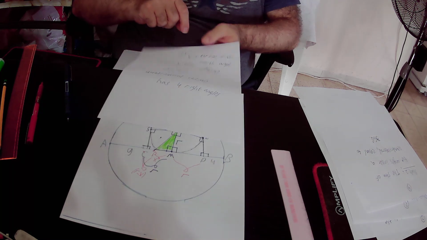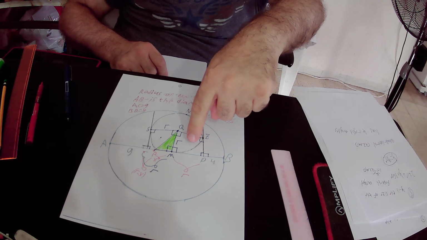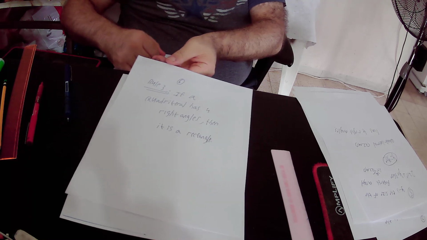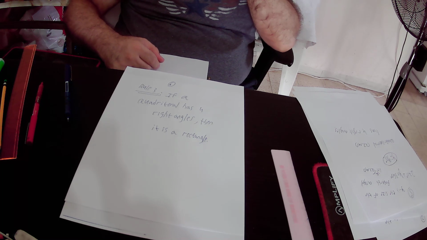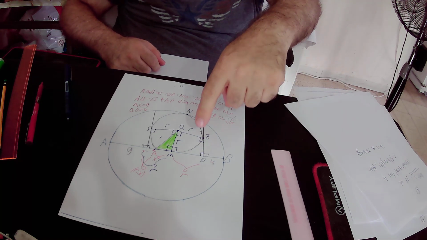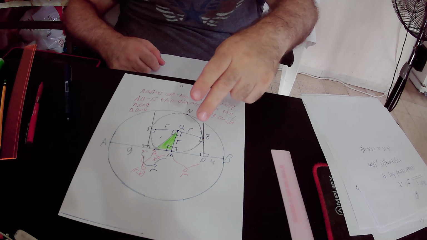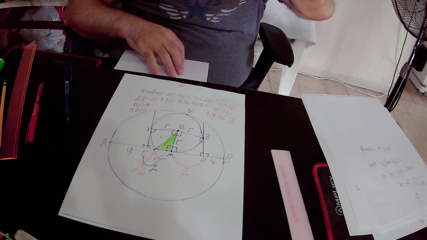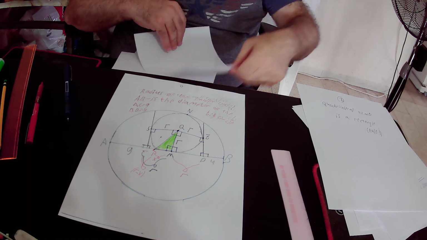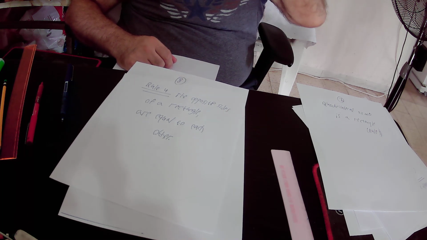Okay, so actually we have here a quadrilateral with 4 right angles, and according to rule number 3, if a quadrilateral has 4 right angles, then it is a rectangle. So this quadrilateral QZMD that has 4 right angles is a rectangle according to rule number 3. But we have also rule number 4 that states that the opposite sides of a rectangle are equal to each other.